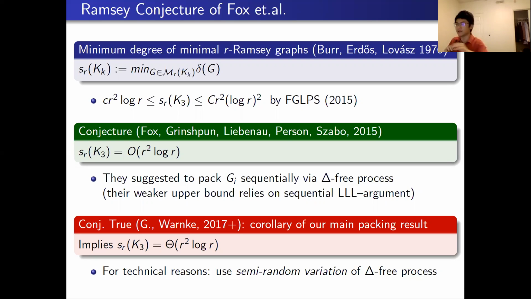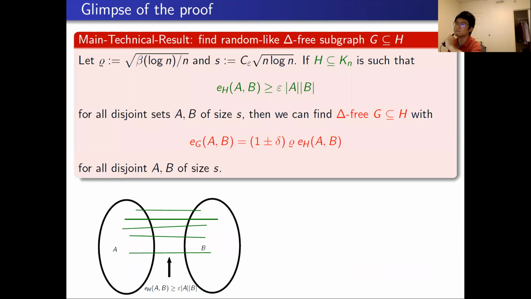All right, now let's move on to look at our main technical result. To prove our packing result, here is the main technical result we need. You can imagine that rho is some edge density parameter, and s is the size of some large vertex set.